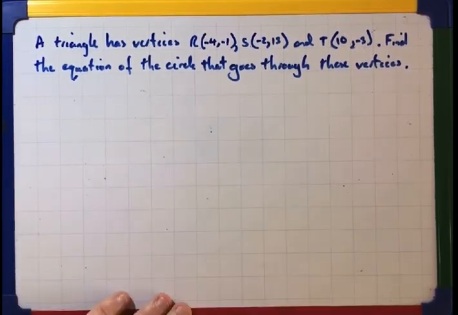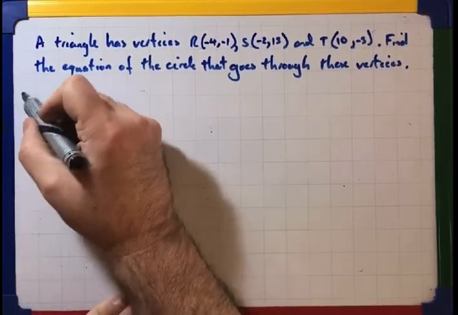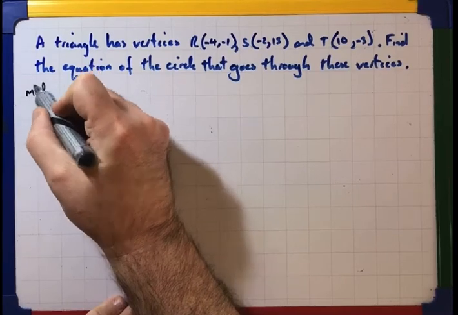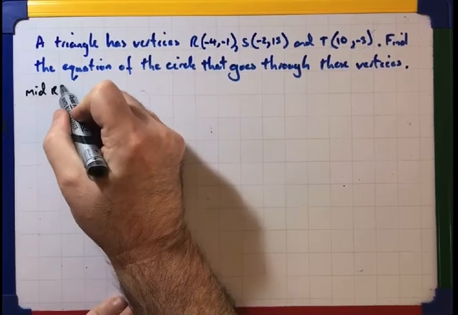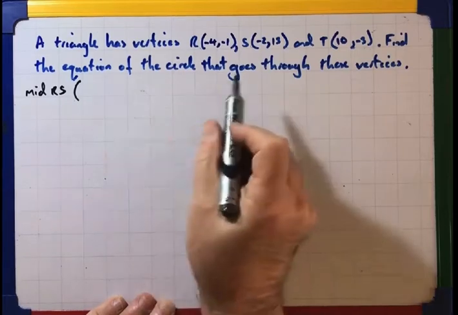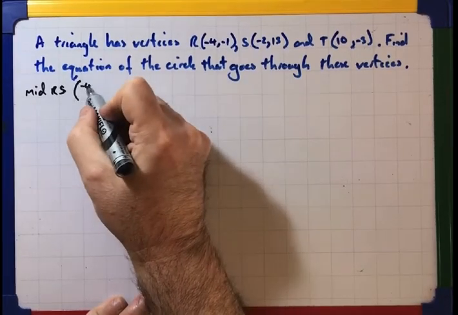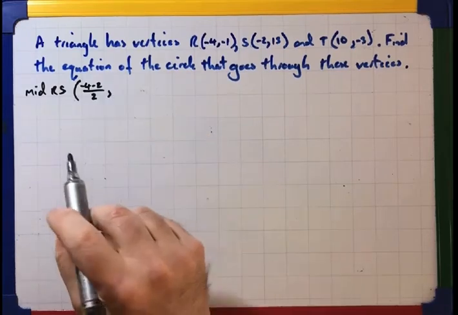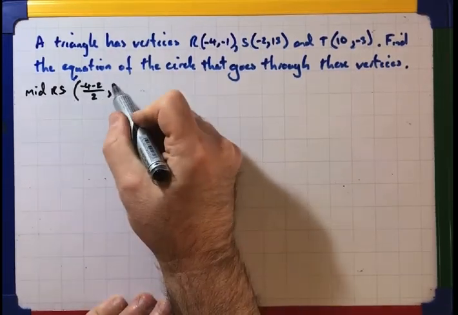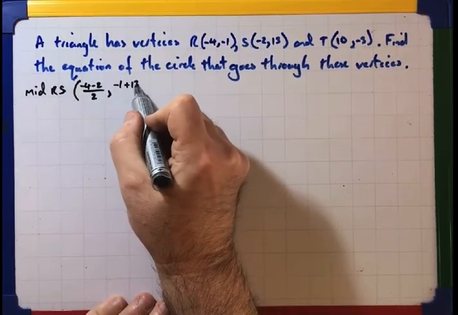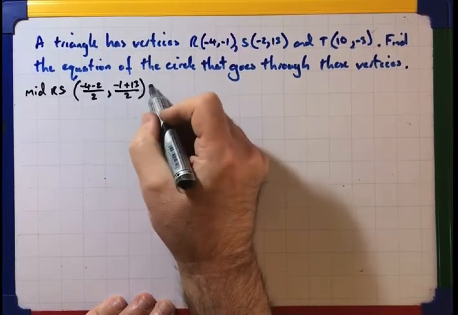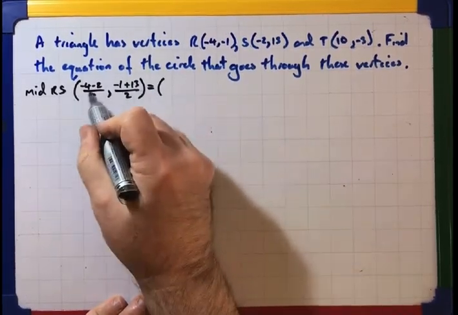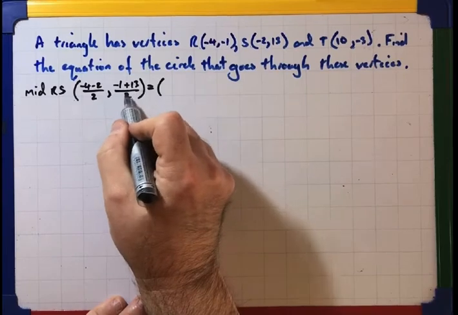So that's what we're going to do with both of these. So the midpoint of RS is just add the coordinates together, so minus 4 minus 2 over 2, and minus 1 plus 13 over 2. That gives me minus 3, 6.